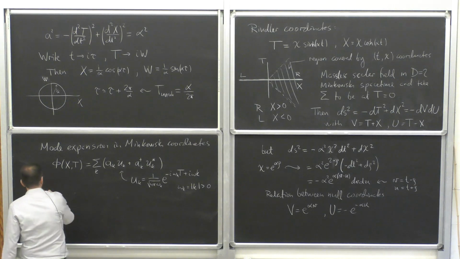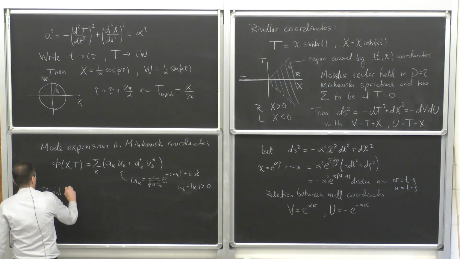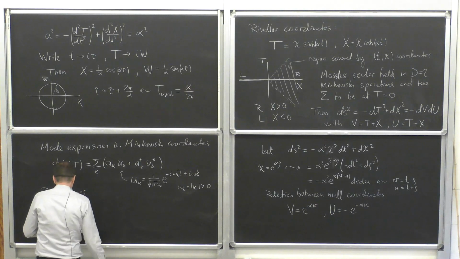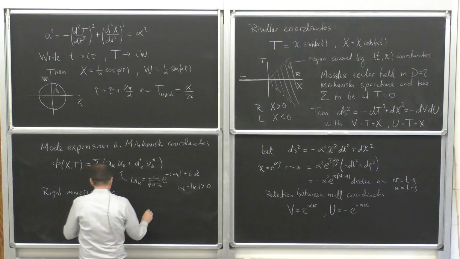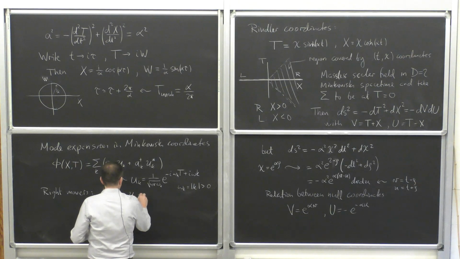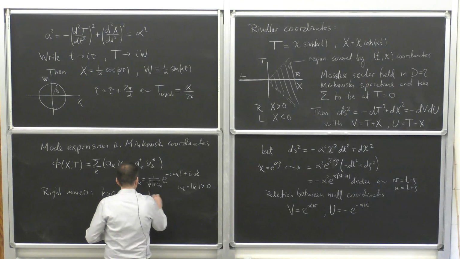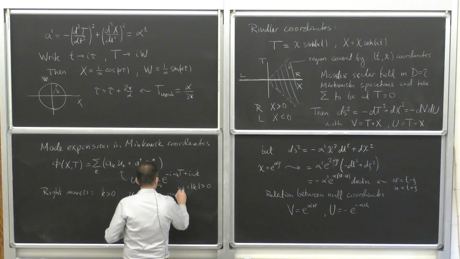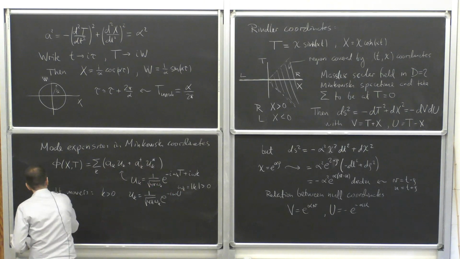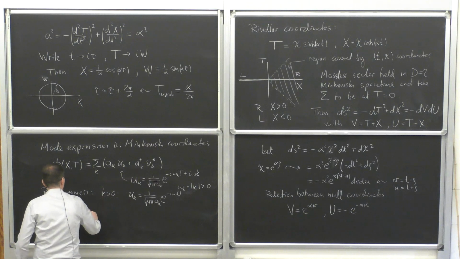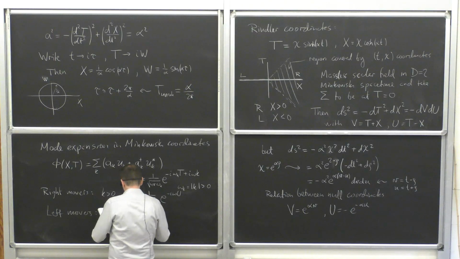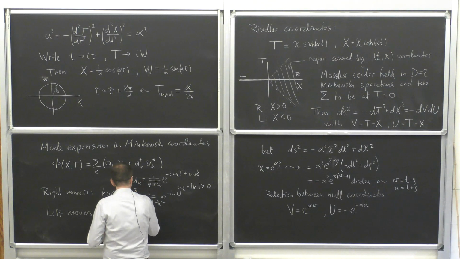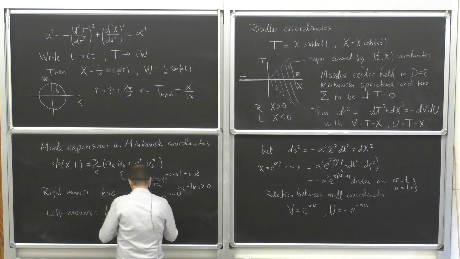In fact, let's just write that out here. They have k greater than 0, and then we're saying that u_k is e to the minus i omega u. And then the left movers have k less than 0. Call these right movers, call these left movers.